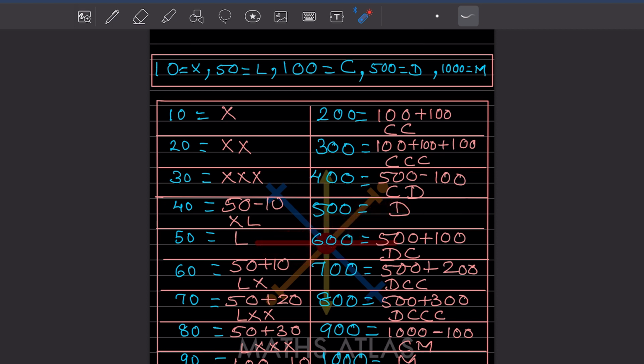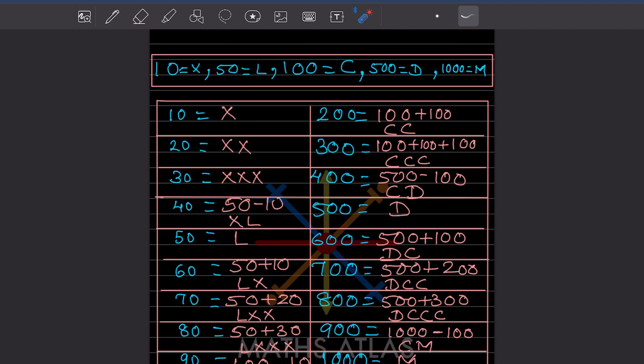Again for 800, 500 plus 300. You can also write this as 500 plus 100 plus 100 plus 100, as we did for 70, 80 and all that. So it is going to be DCCC. Now again, because these are 3 of the same symbol, we cannot make it 4. So what are we going to do?